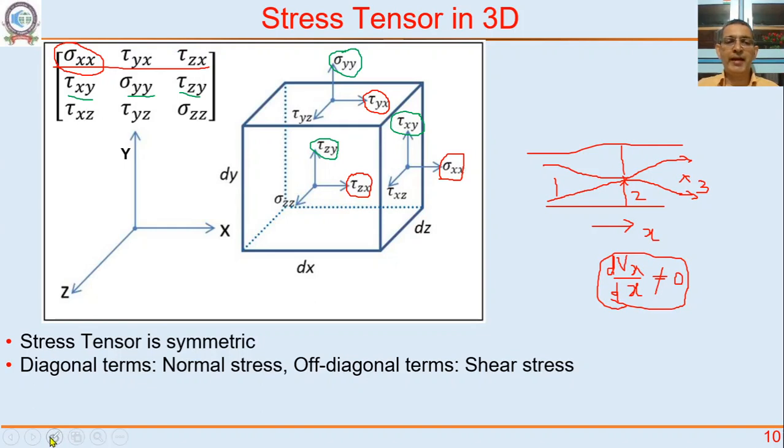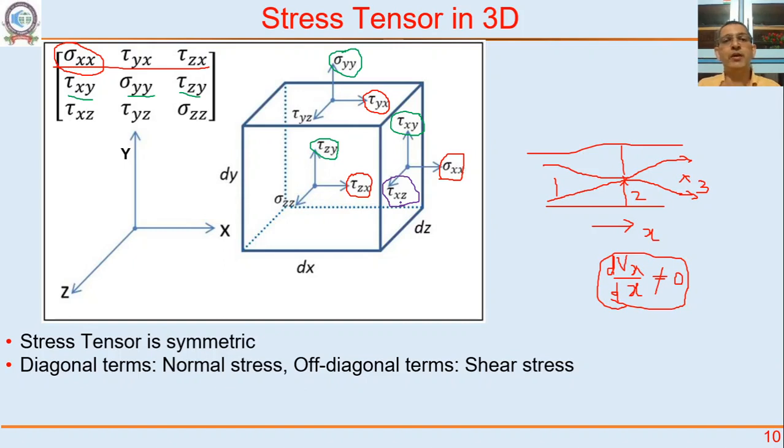Let's look at the z direction. Let's take another color. Vz varying with x will lead to a stress. Let's take a nice color. Red we have done, green we have done. Maybe purple, let's see if the purple is visible. Yeah, okay. Tau xz. That is because Vz varying with x. That is going to be in the z direction.